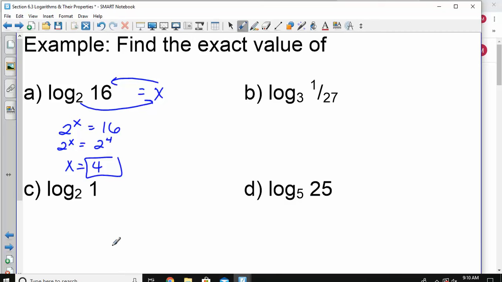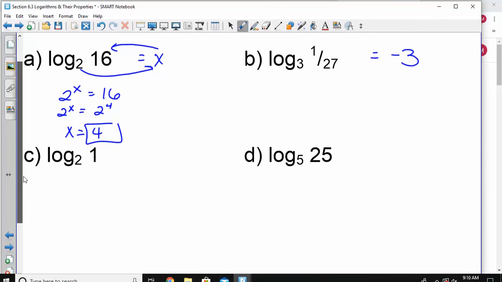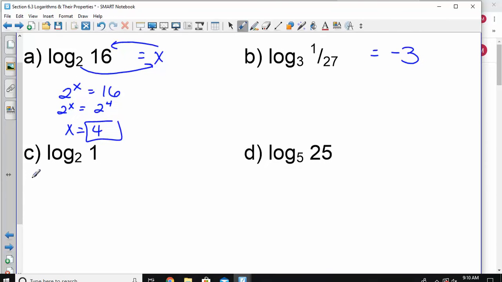So B, 3 to what power equals 1 over 27? Negative 3. Does anybody need me to write it out as an equation and solve it that way? C, log base 2 of 1.